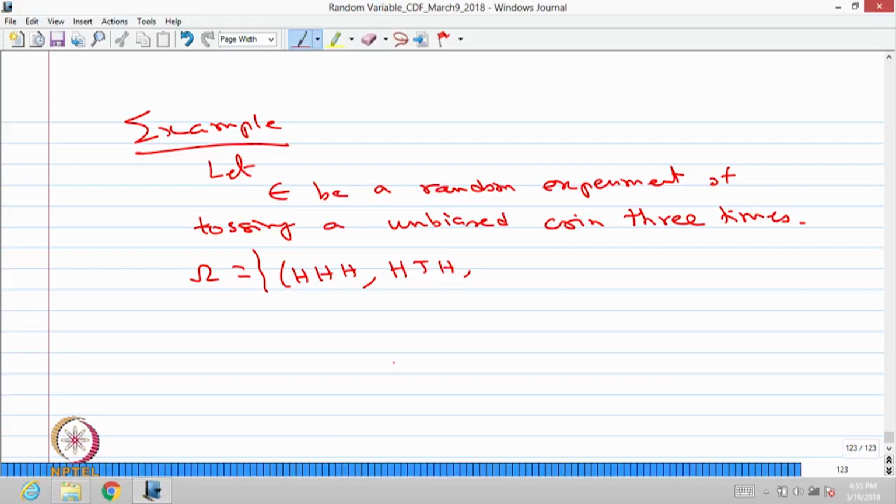Since we are tossing an unbiased coin three times, you will have 2 power 3, so you have 8 possibilities: head, head, head; head, head, tail; head, tail, head; head, tail, tail; tail, head, head; tail, head, tail; tail, tail, head; and the last, tail, tail, tail.